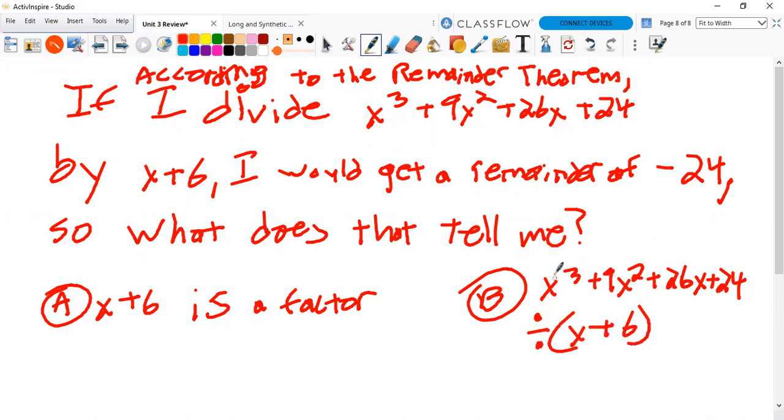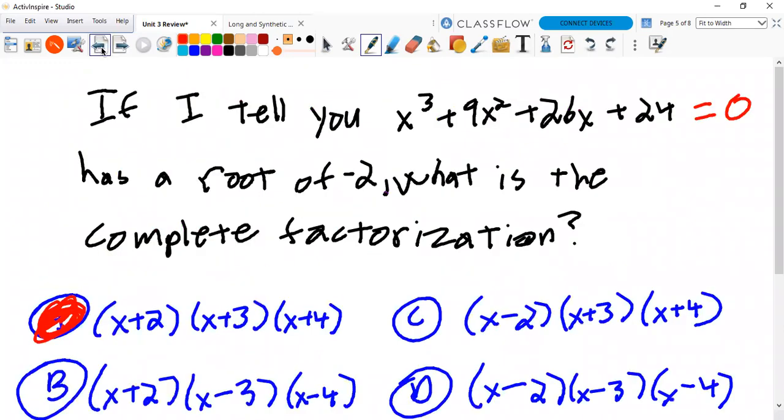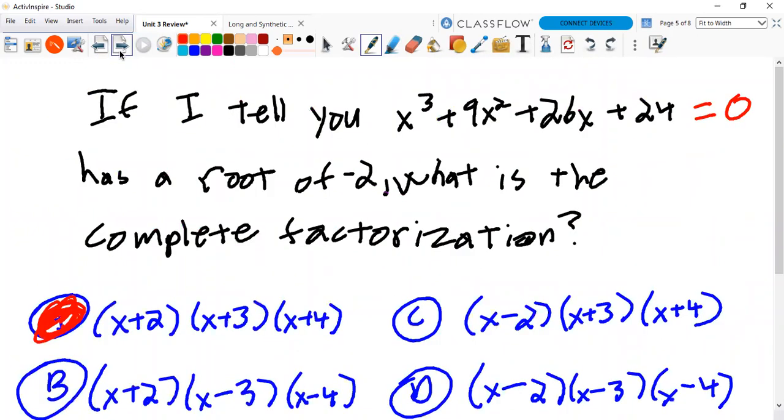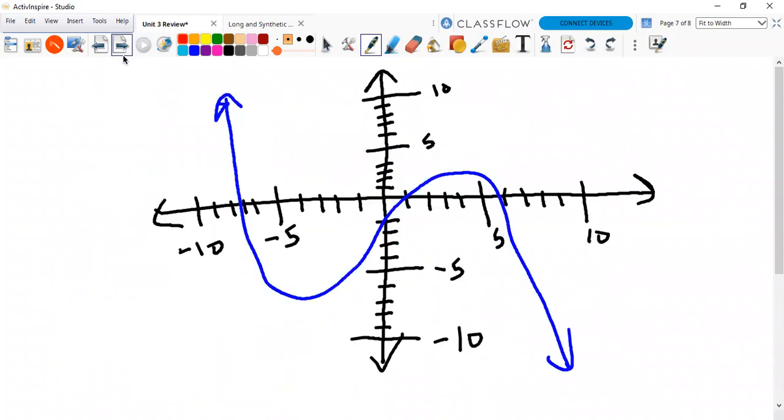It's saying if I divide that by that, my answer is -24. Which again, we should know is not true based on what I already showed y'all. When I divided and got this, my answer wasn't -24, it was the entire polynomial. So it's not going to be B.